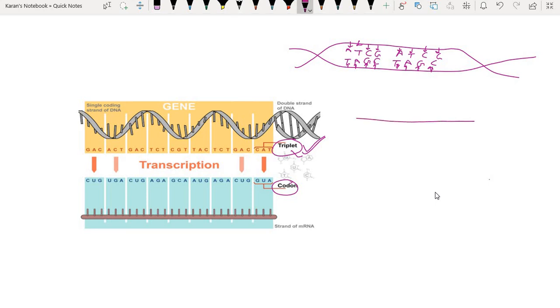Here is the coding strand: A, T, C, G, A, T, C and G. Suppose this strand is the coding strand.